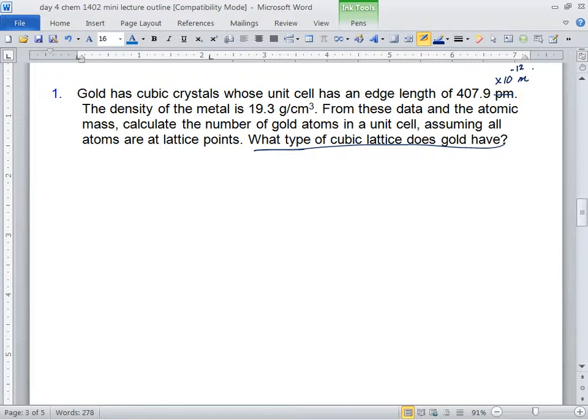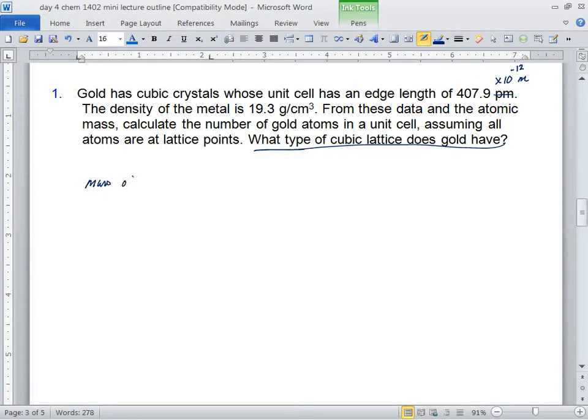The density of gold is 19.3 grams per cubic centimeter. From these data and the atomic mass, calculate the number of gold atoms in a unit cell. And then from that, you better get 1, 2, or 4, and then you'll figure out what type of cubic lattice it has.